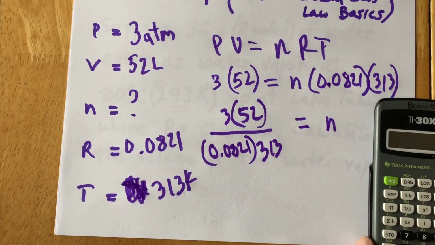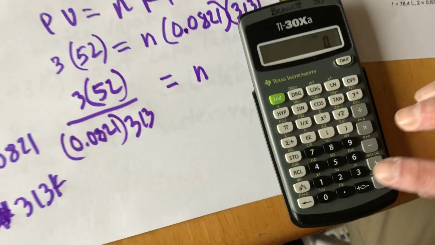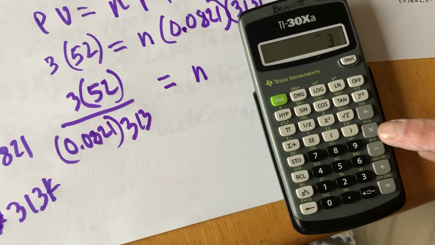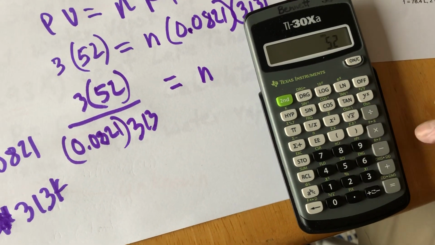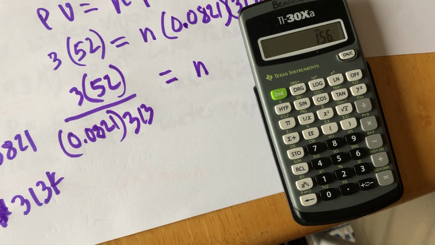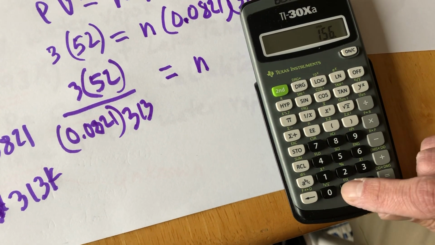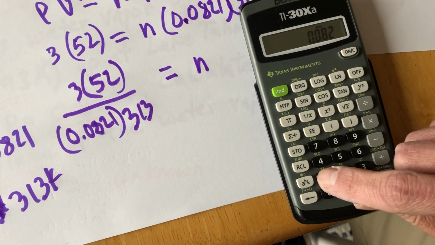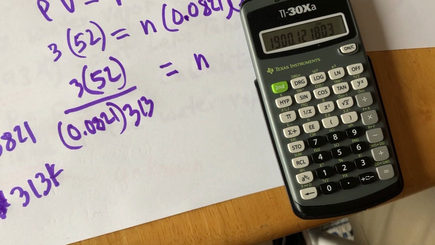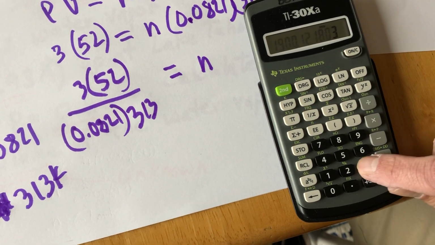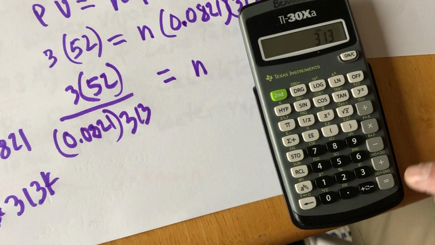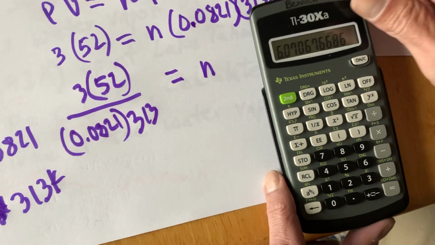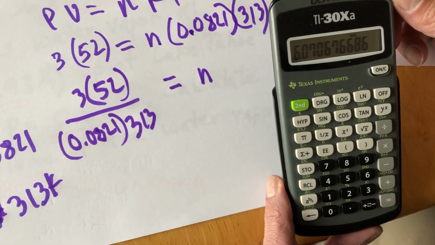On your calculator, type in 3 times 52 equals, then divided by 0.0821 equals, divided by 313 equals, and you get 6.07.